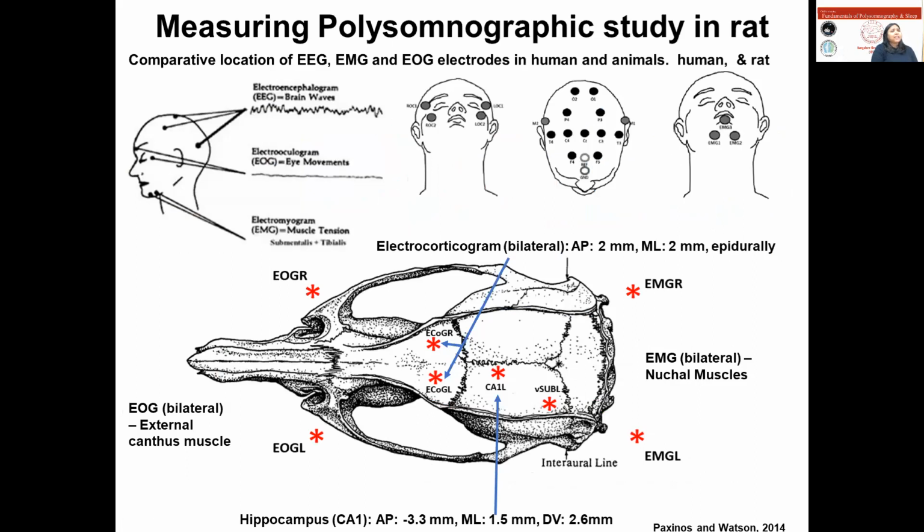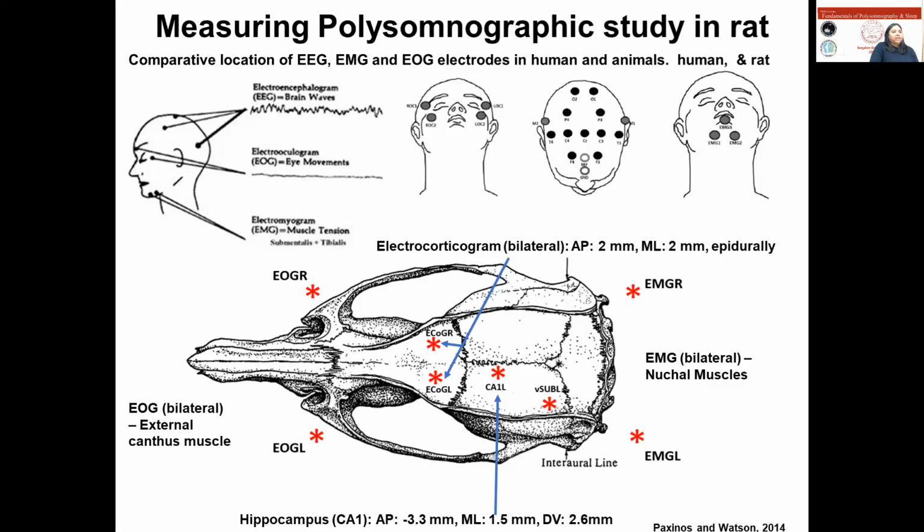So we look into how sleep is studied in rats. Like in humans, we implant electroencephalographic electrodes, electromyographic electrodes and electrooculogram electrodes in rats also. In rats, it is an invasive procedure, and we do the implantation under anesthesia.